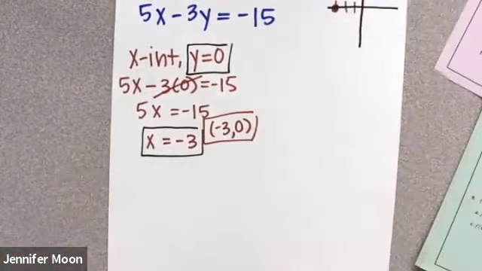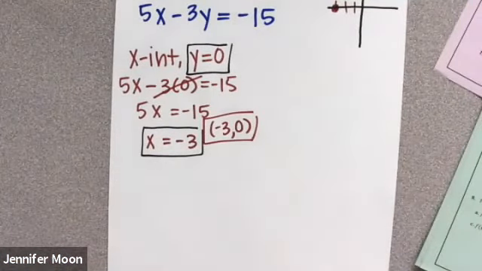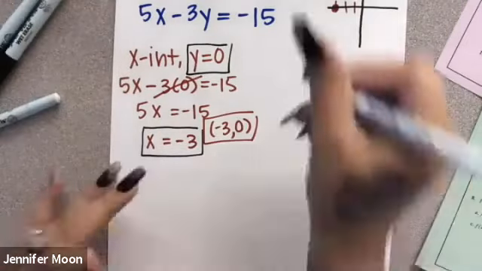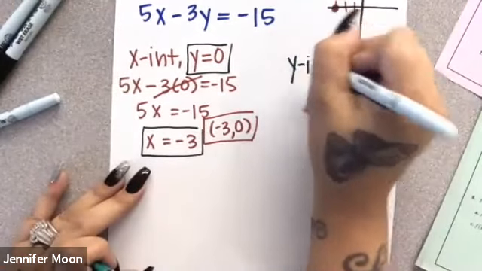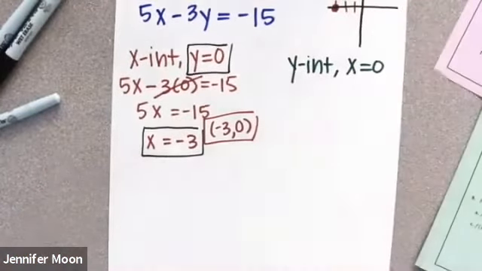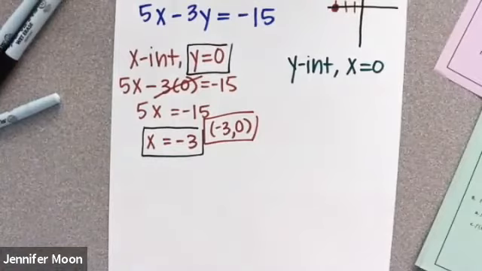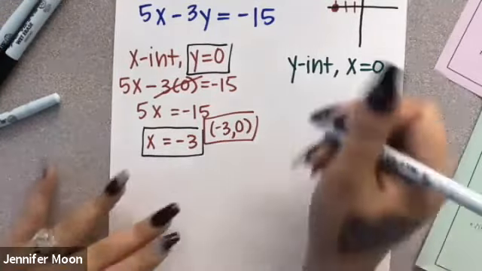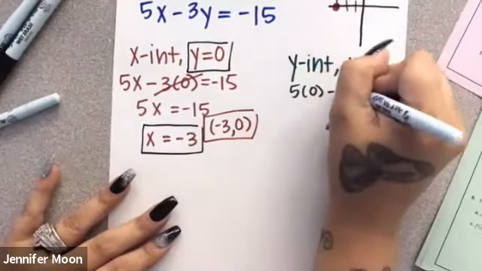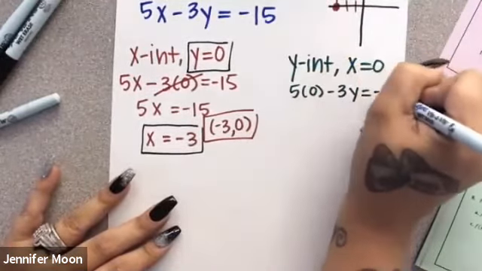I'm about right there. Literally, y'all, same exact thing, but now I'm going to do my y-intercept, which means my x equals 0. So I'm going to write the equation, but now x is 0, not y, right? So 5 times 0 minus 3y equals -15.